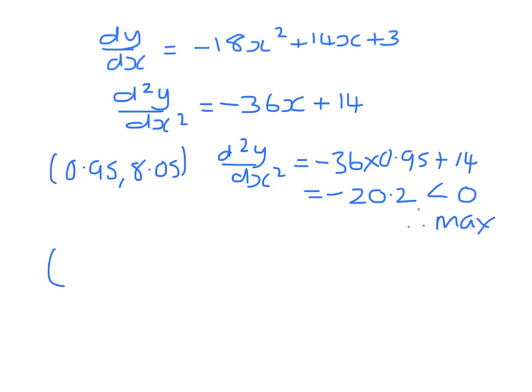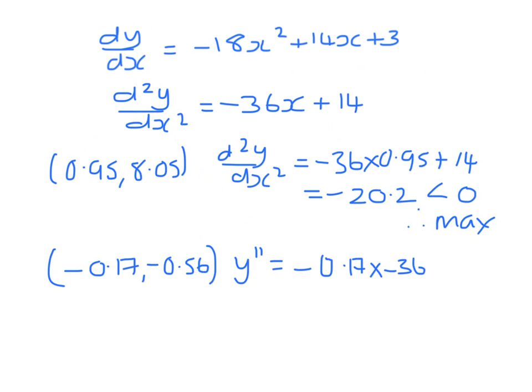If I repeat this now, for negative 0.17, negative 0.56, the second differential is negative 0.17 times negative 36 plus 14, which is 20.12, greater than 0, so we have a minimum.